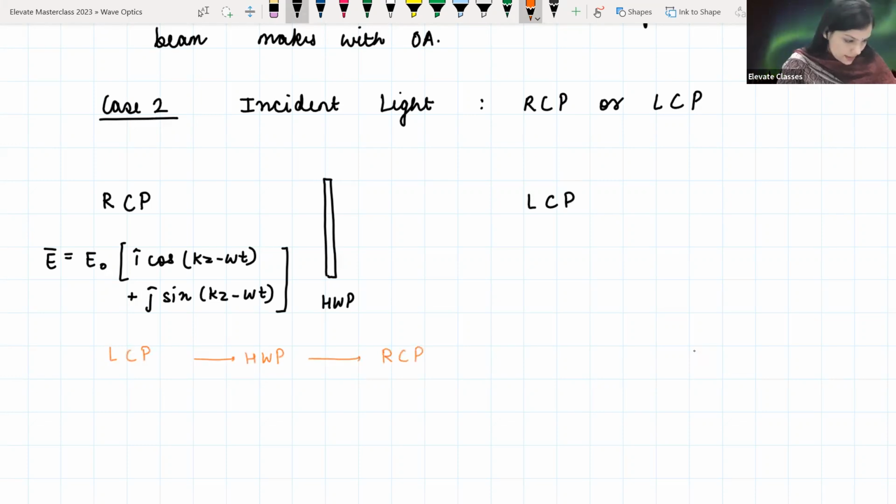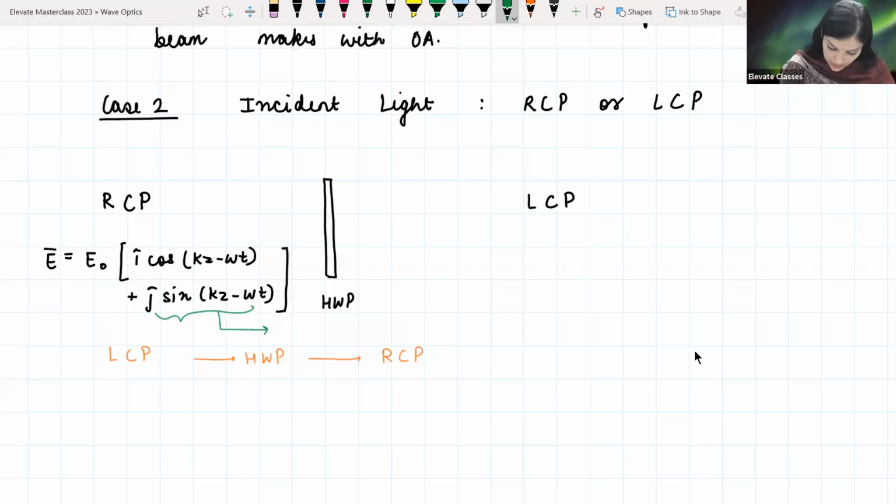Okay, so let us see how. If I consider LCP, the minus sign comes here. It becomes I cos(kz minus omega t) minus j sin(kz minus omega t), right. So let us say my optic axis is oriented in such a way that the y component gains a phase of pi. I can add pi to either of the two components.